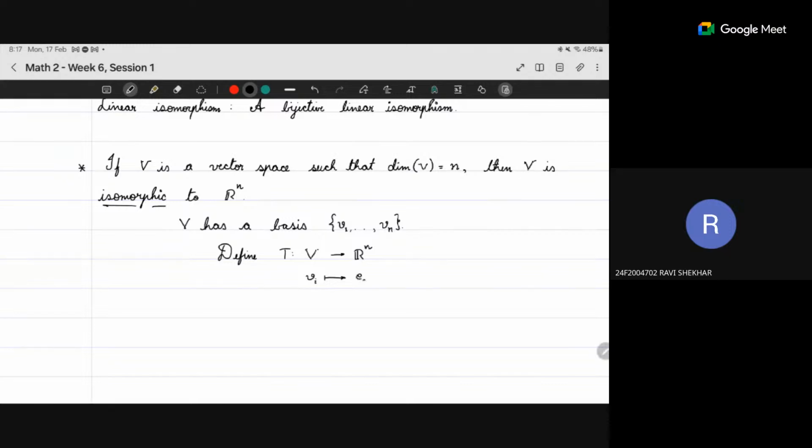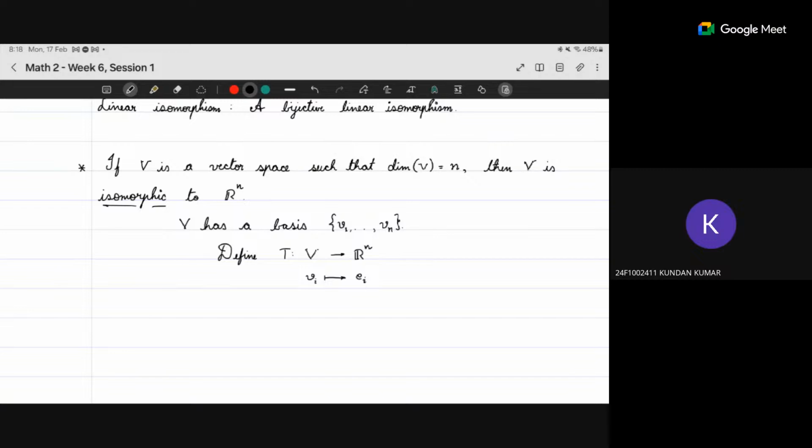So if I map a basis to a basis, you know that linear transformations are determined by where the basis elements go. Is that a statement that everyone is okay with? Yes.